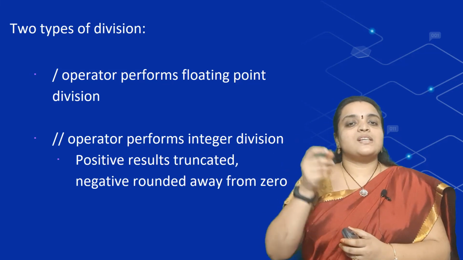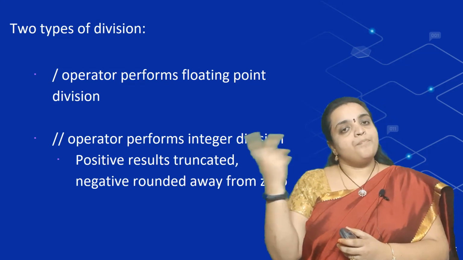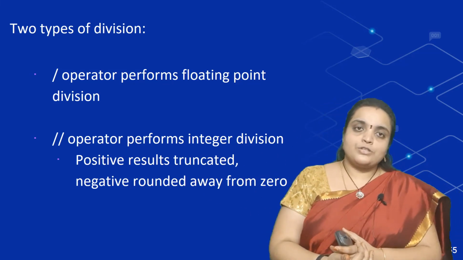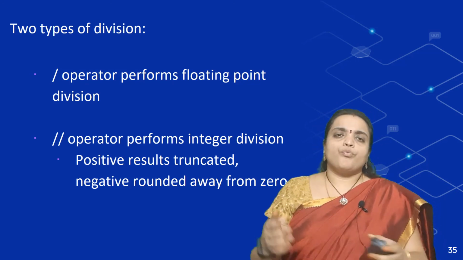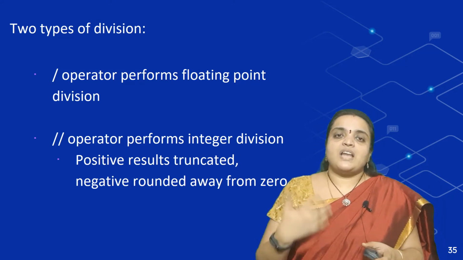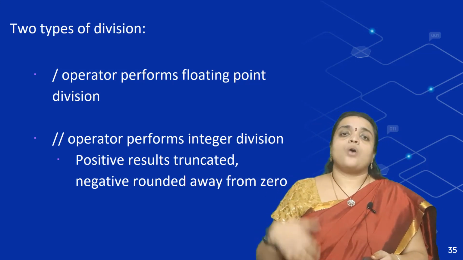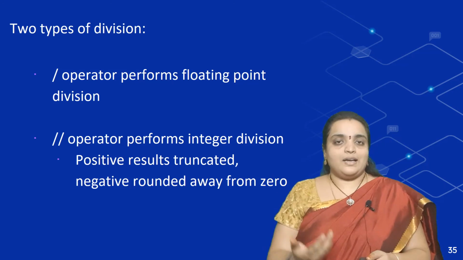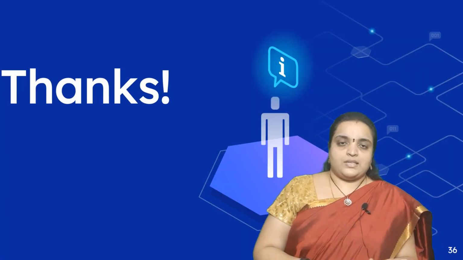So positive results are truncated and negative results will be rounded away from 0. Is that clear, students? In this way, the two types of divisions will perform. We will see many examples in our next lecture: how to assign a variable, how division works, how the calculations are performed. All those things will be seen in the next class.